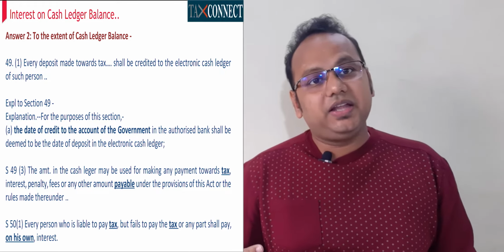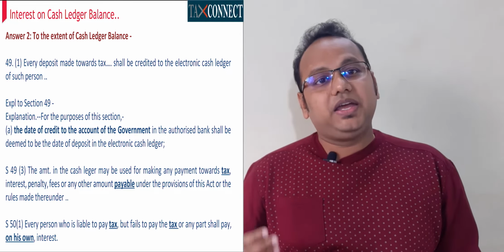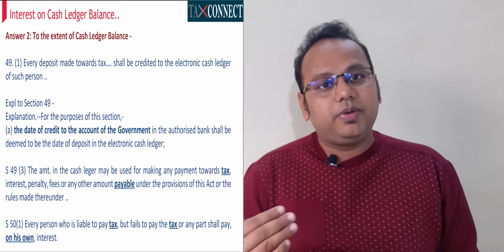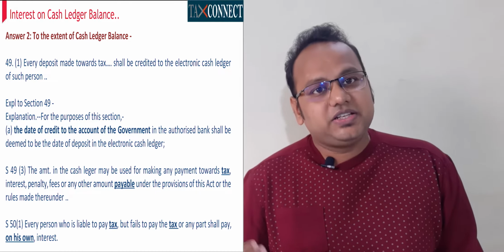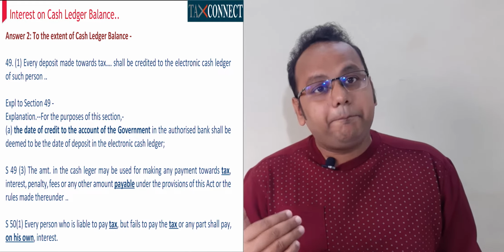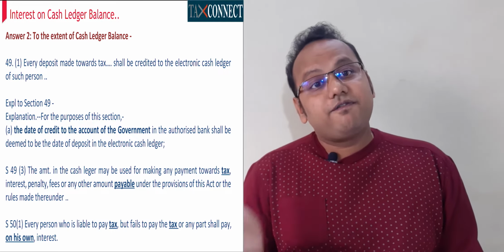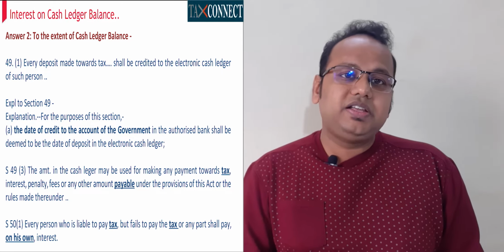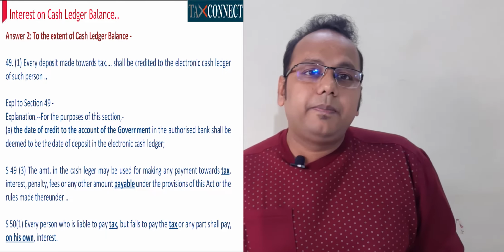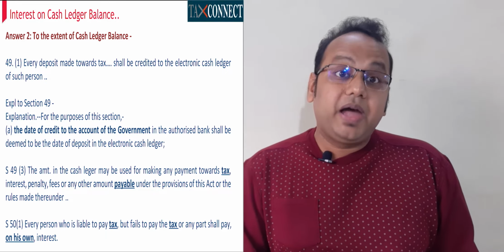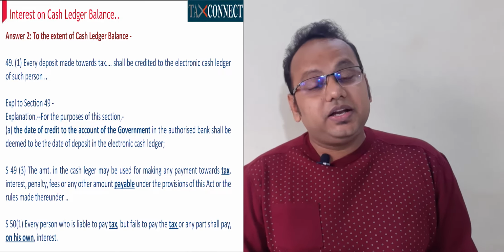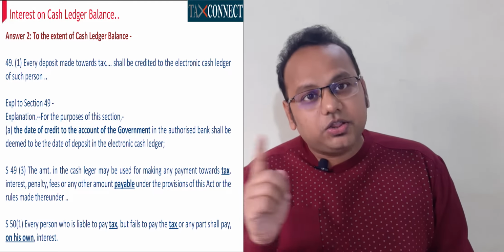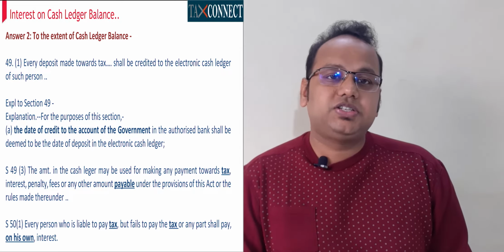So, even if you pay in the cash ledger, the amount appearing in the cash ledger is deemed to be in the account of the government already. However, section 49(3) says that the payment of the tax has to be made from the cash ledger to the government's account. So, a conjoint reading does make it clear by the law that interest would be applicable on the cash payable portion even though there is a cash balance in the cash ledger.